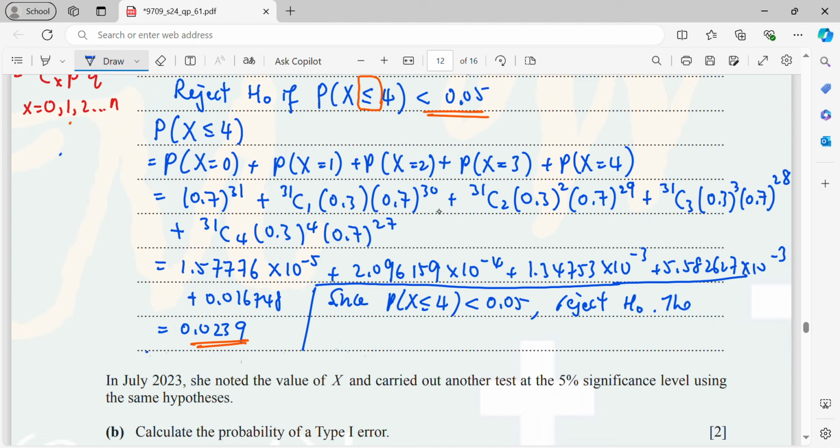There is sufficient evidence at alpha equals 0.05 to conclude that Rita's suspicion is justified.